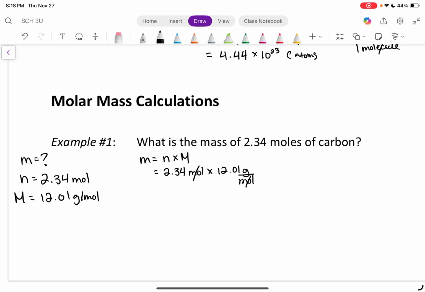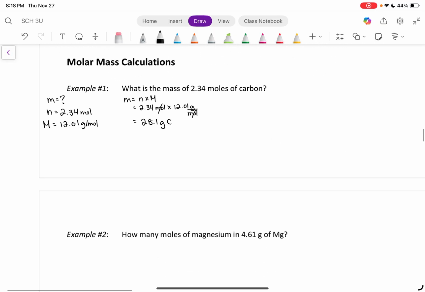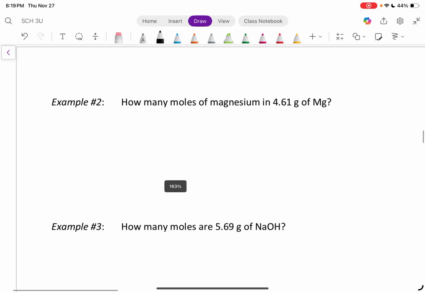I cancel out my moles and I am left with 28.1 grams of carbon. And that's all there is to it. Now let's take a look at our next example. Again, they're going to get increasingly a little bit more difficult. This one is pretty simple. If you want to give this one a try on your own, pause the video and go ahead.